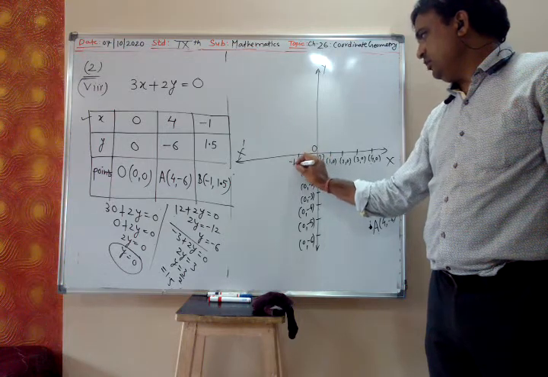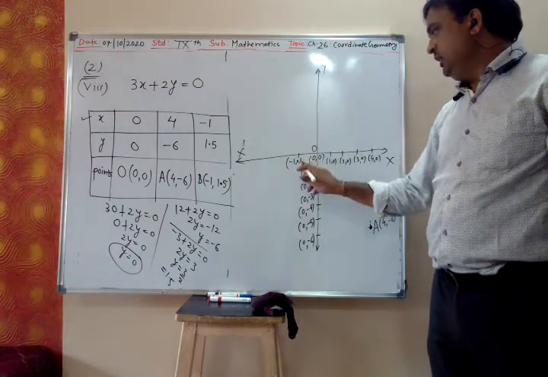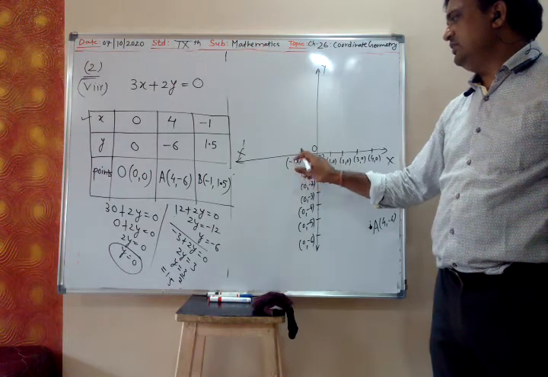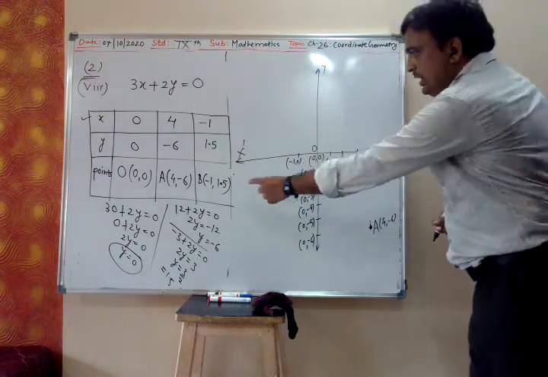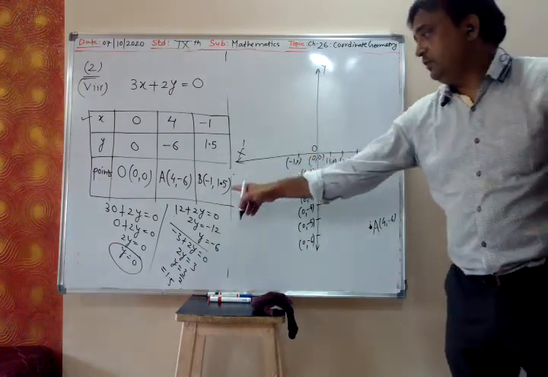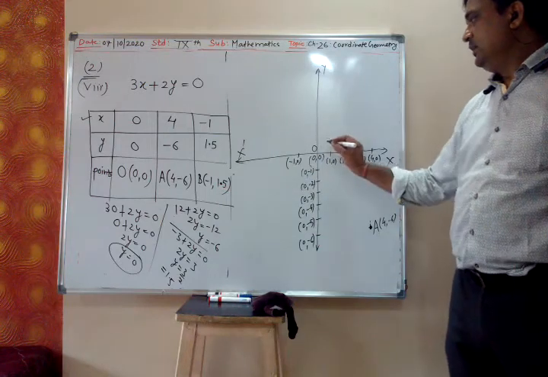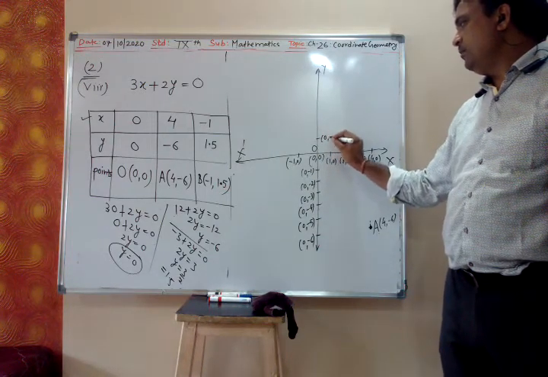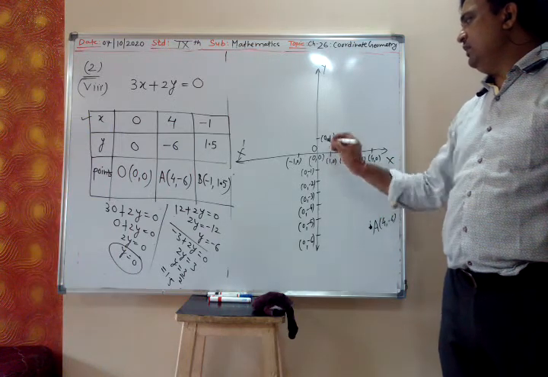So this is minus 1 comma 0. Any point on x-axis has y coordinate 0. This you remember. So x is minus 1. Then y is plus 1.5. What is the sign of y? Plus. So upper side. This is 0 comma 1.